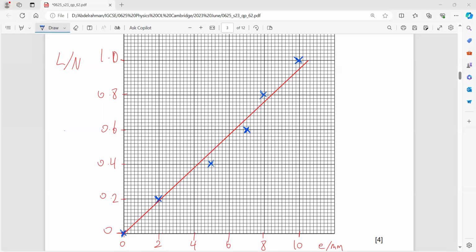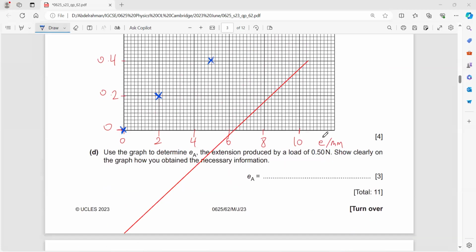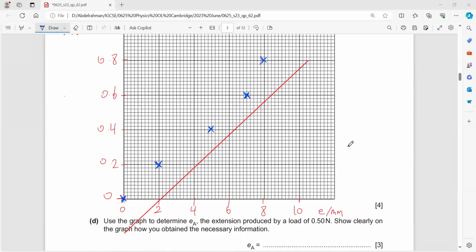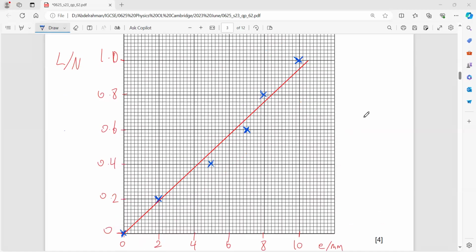Use the graph to determine EA, the extension produced by a load of 0.5 newtons. How will I find EA when the load was 0.5 newtons? What will I do, guys? I have to draw a line from 0.5 here to show the extension.